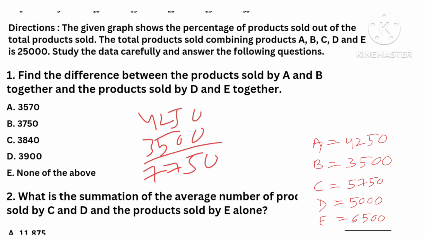D and E together is 11500. The difference between these two is 11500 minus 7750, which is 3750. Option B is the answer for the first question.